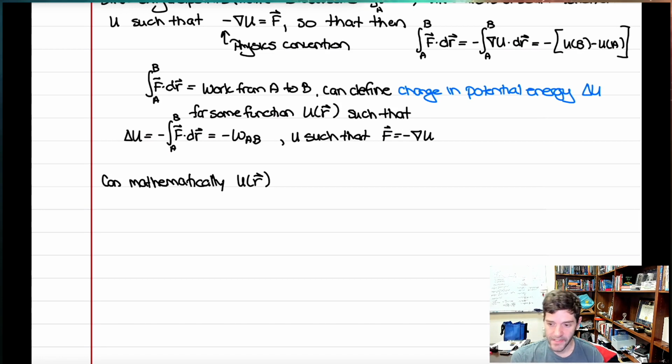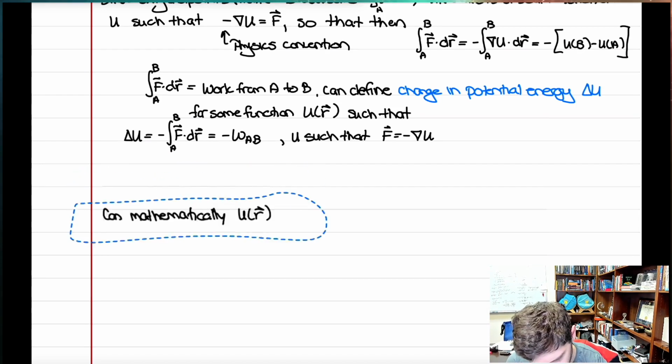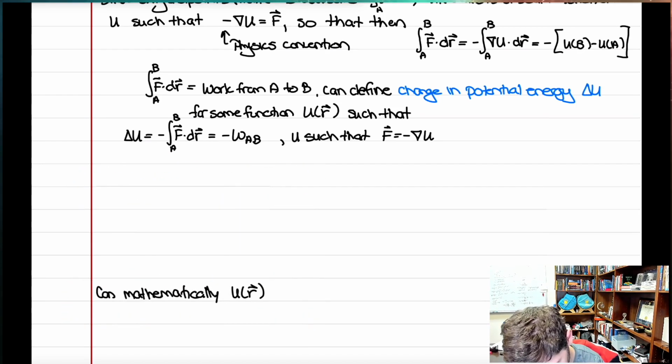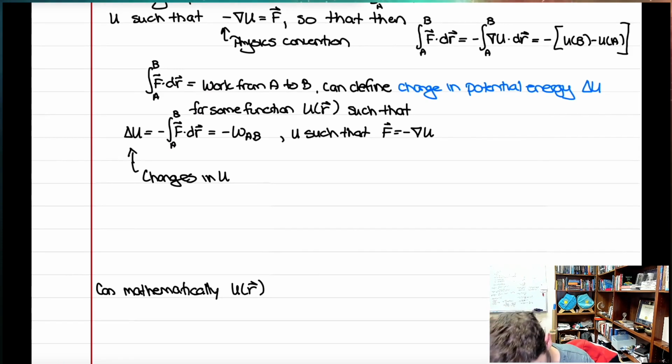Let me make a point that is important. Actually, so important, I'm going to move this down and come back to it in a second. This is saying that changes in U, right, the delta U, relate to work.